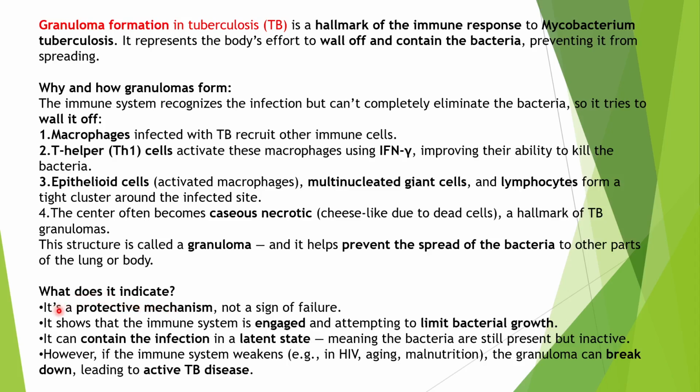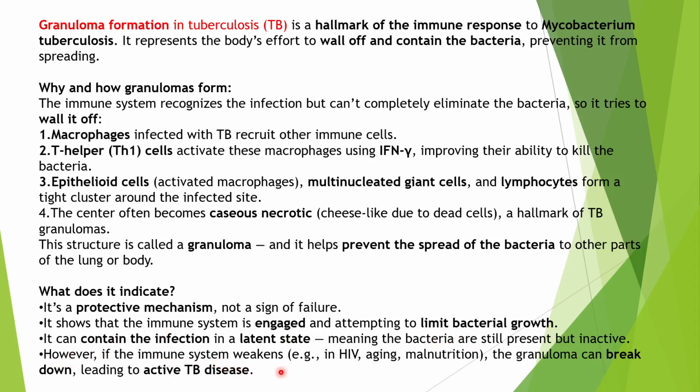What does it indicate? It's a protective mechanism, not a sign of failure. It's like plan B. If you cannot kill it, at least hold it in that particular region. It shows that the immune system is engaged in attempting to limit the bacterial growth. It can contain the infection in a latent state, meaning the bacteria are still present but inactive.